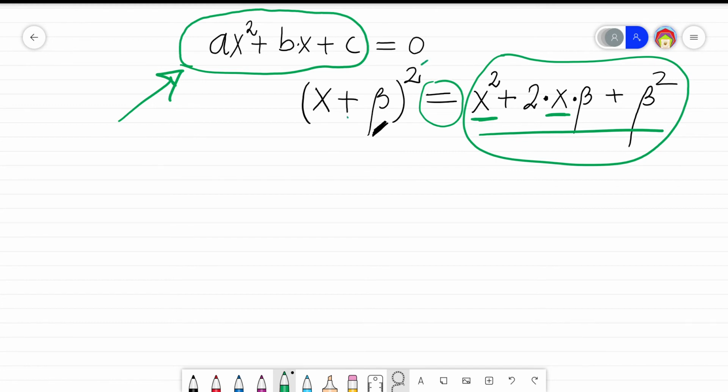The first thing, the main coefficient with the x squared is a 1, but in there it's not a 1, it's an a, so I need to take care of that. How? Very easy. The first thing I'm going to do is just divide every single part of the equation by the number a, and that will give me as simple as that.